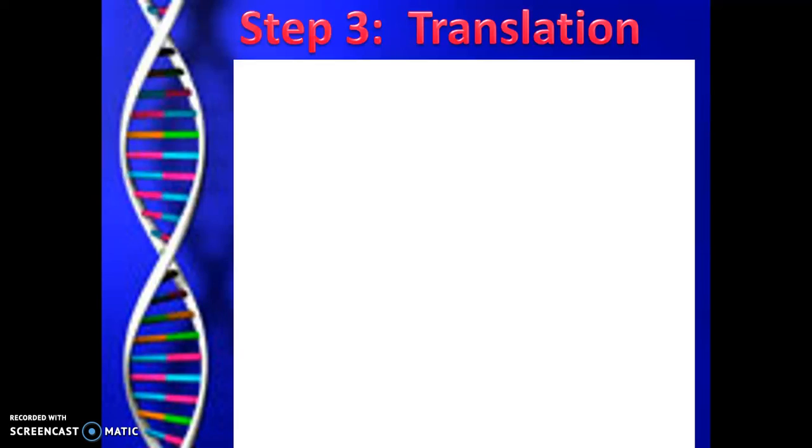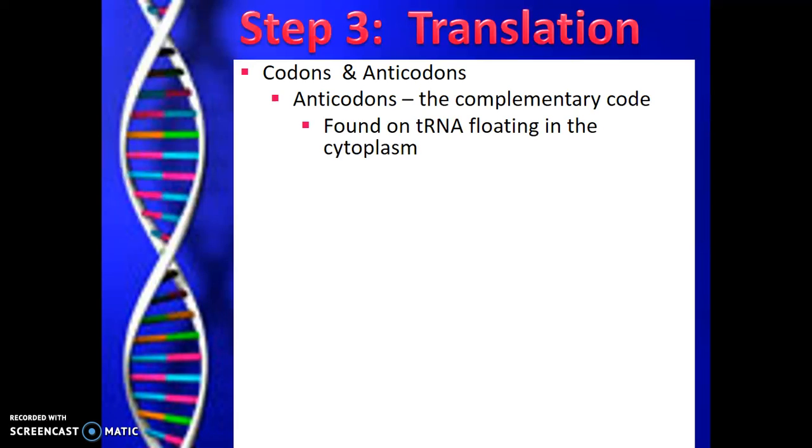Step 3 is translation. This is the big step, okay? We're going to have codons and anticodons. Your codons are the sets of 3 nucleotides on the mRNA. We're going to have to pair them with their anticodon. That's their complementary code. The anticodons are found on the tRNA, the transfer RNA, which is floating around in the cytoplasm.